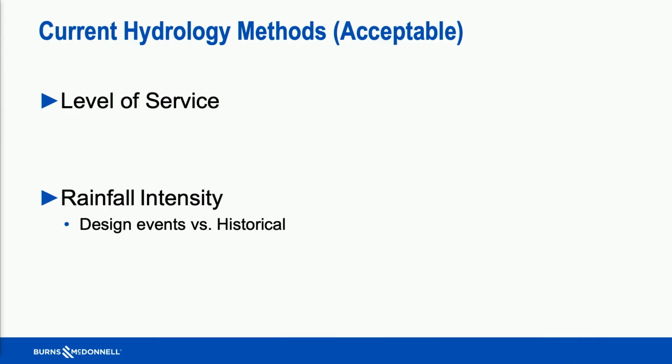This is how we start to determine and calculate a level of service, and it really is tied to a rainfall intensity. We're going to dig into this a little bit so that we all are on the same page on how much those assumptions on rainfall intensity impact what types of designs we are getting.